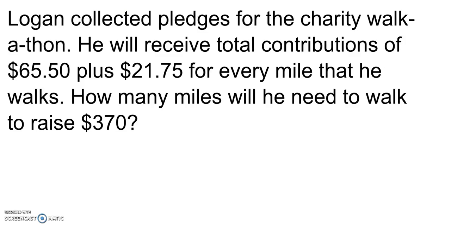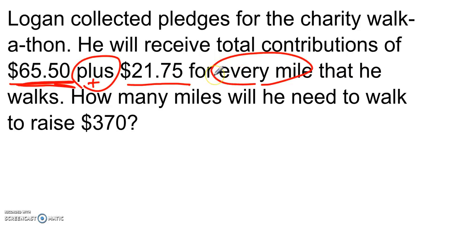All right, and the last one. Logan collected pledges for the charity walkathon. He will receive total contributions of $65.50 plus, so on top of that, he will receive $21.75 for every mile that he walks. We don't know how many miles he's going to walk, so this would be my unknown.